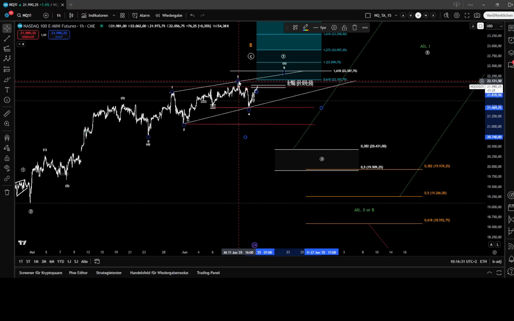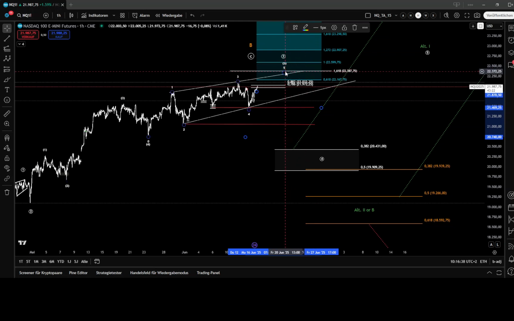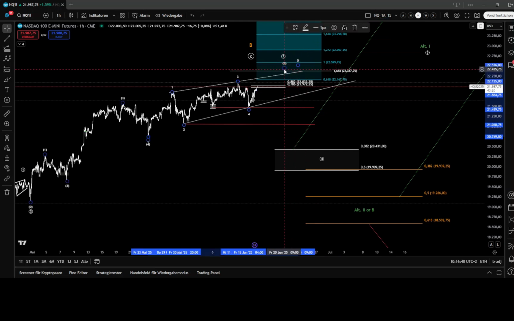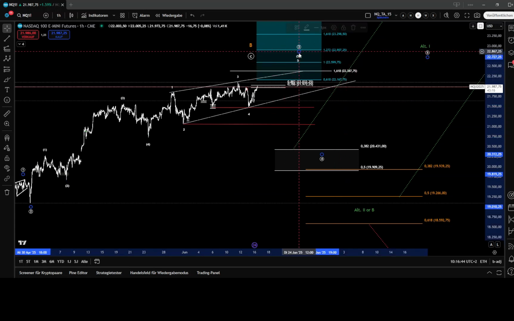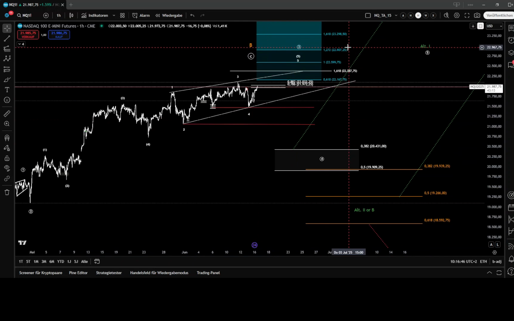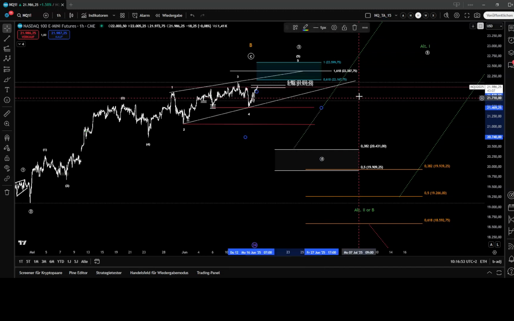I mean, we would take the 3 high here, but the next target would be 22,599. If we're going to spike above the 1.618 in white here, which is this target, we have to see, okay? But these are only targets. There's no need for the market to get there. It's just a target at extensions.